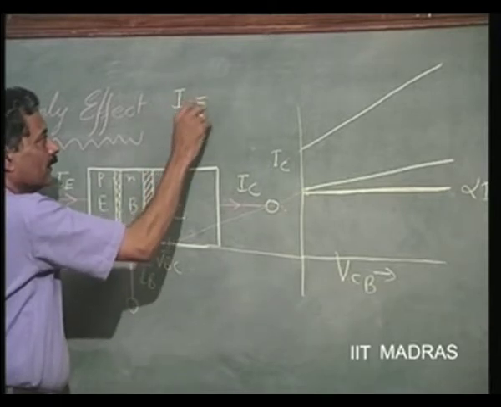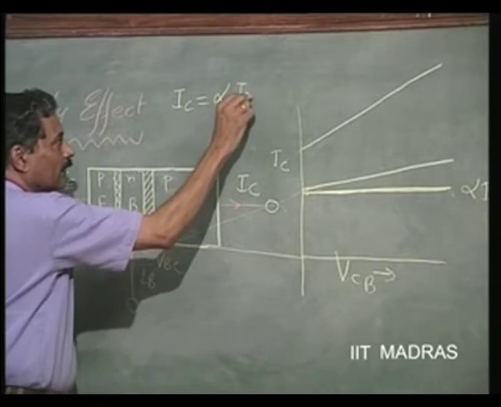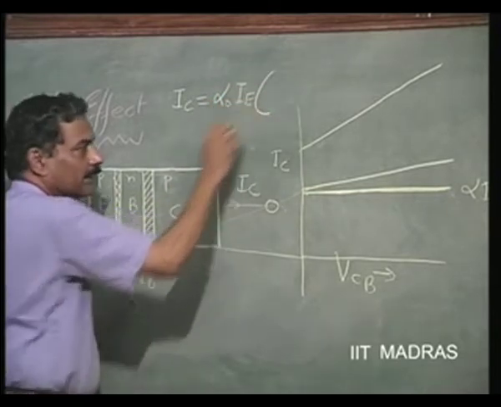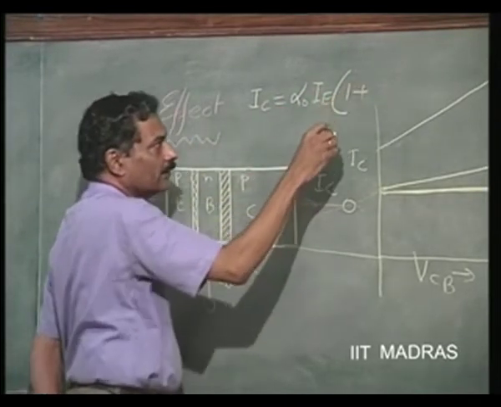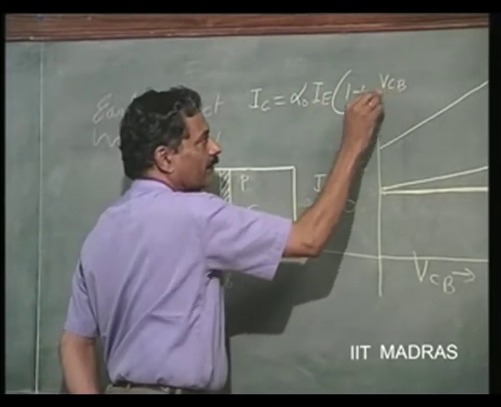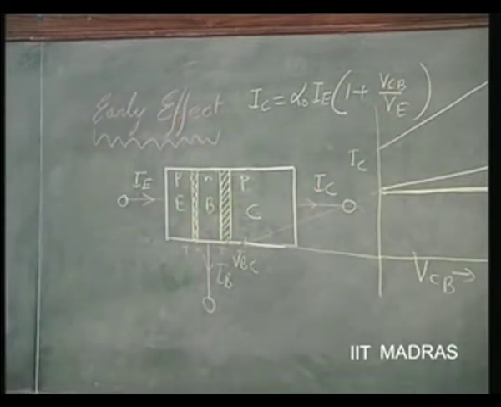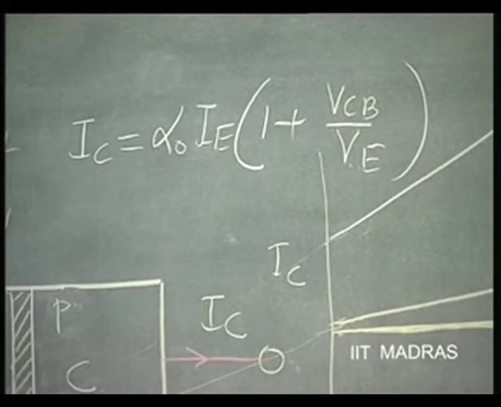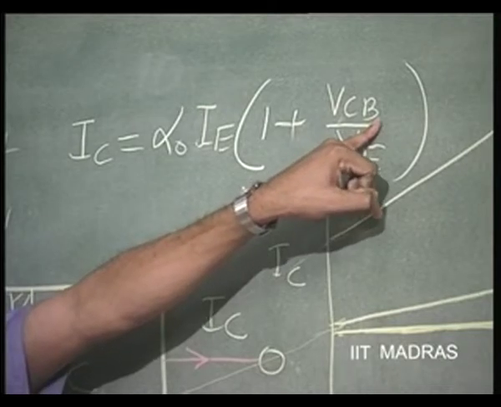Mathematically I can say IC is equal to alpha 0 times IE, which is the factor independent of VCB, times 1 plus VCB divided by VE, where VE is the early voltage. So, it is a factor dependent upon VCB.